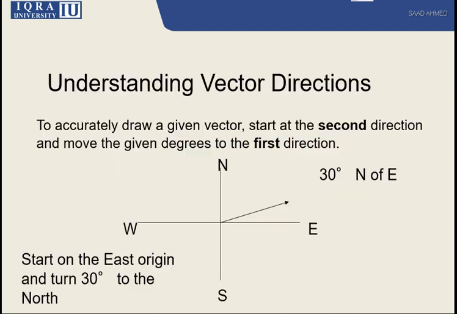Understanding vector direction. To accurately draw a given vector, start at the second direction and move the given degree to the first direction. Start on the east origin and turn 30 degrees to the north. North is this, you see, north of east, and 30 degrees.